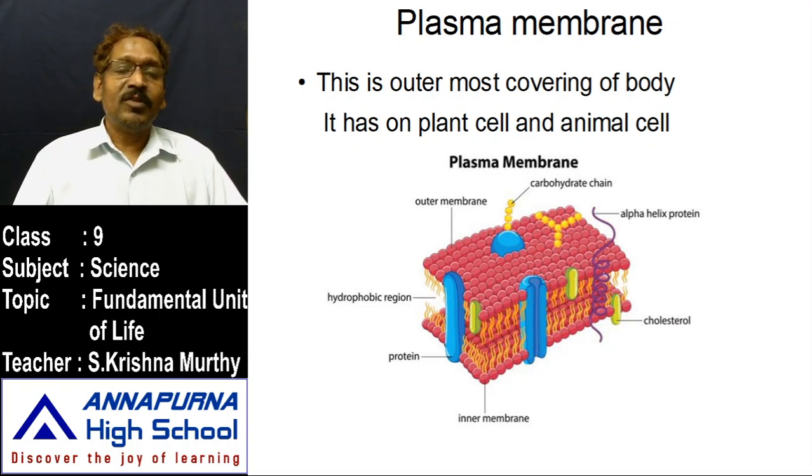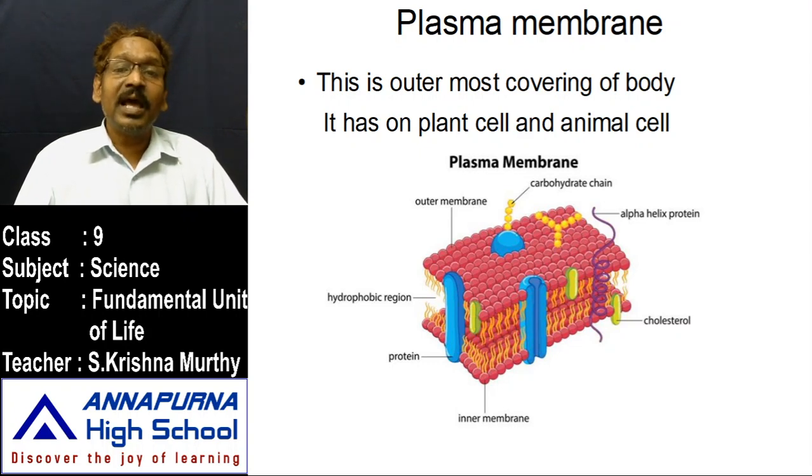Look at that. What is the state of this membrane? Very soft and flexible. However we want, it can move itself because it has flexibility, and it is very soft to mold, and it also has permeability. What is meant by permeability? Whenever the cell requires some material, in gaseous or liquid state, both can enter and be absorbed through this plasma membrane, because the plasma membrane has small pores.